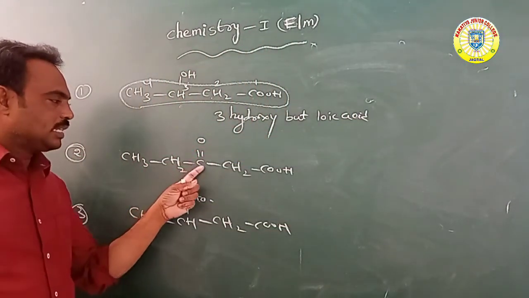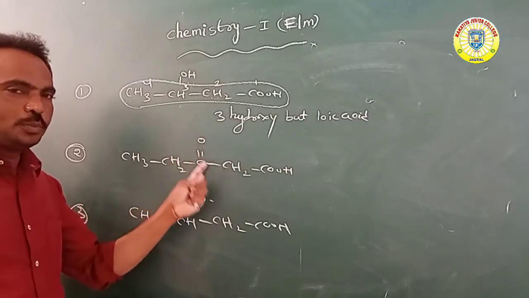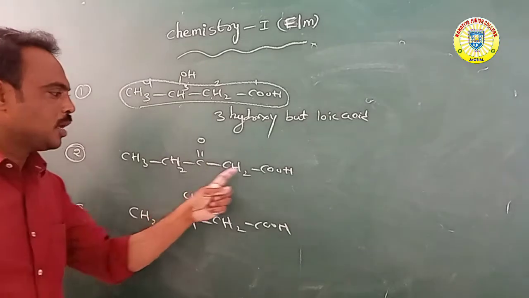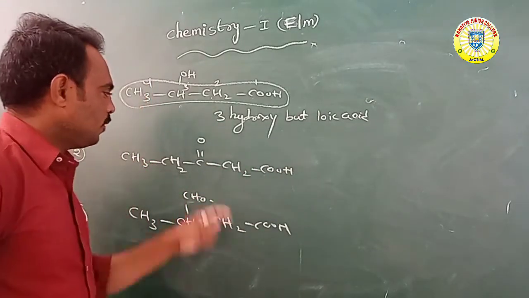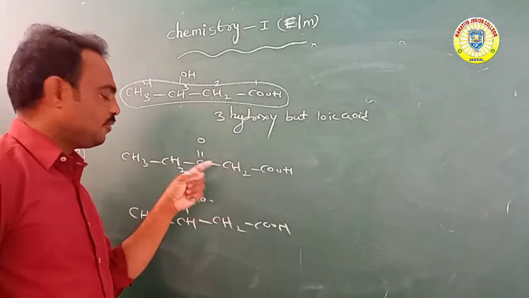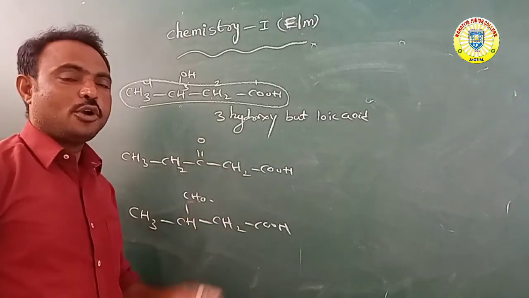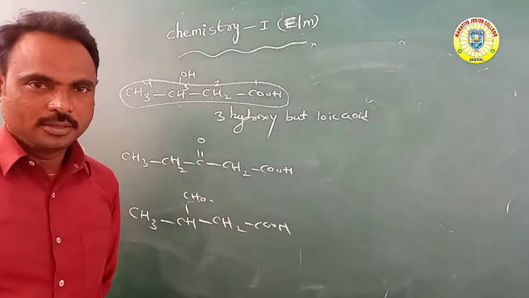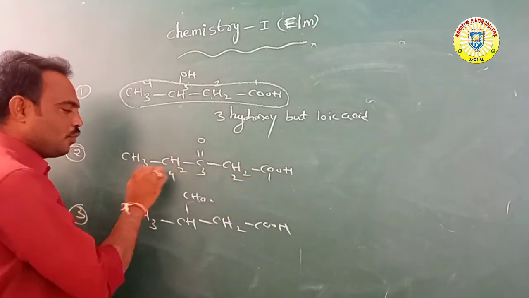Suppose the next one, the second one. It contains two functional groups: the ketone functional group, C double bond O, and the COOH carboxylic functional group. Of these two functional groups, the main preference is COOH, so C double bond O is the substituent. We give the numbers 1, 2, 3, 4, 5.